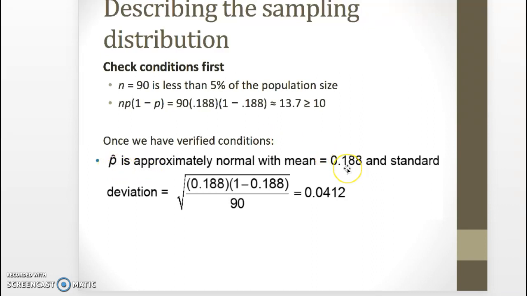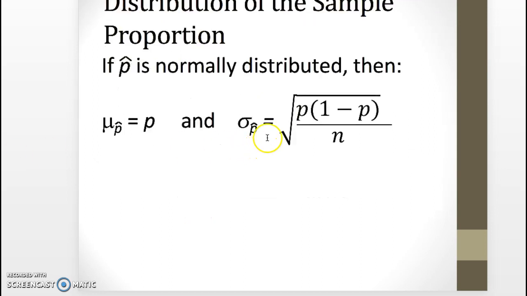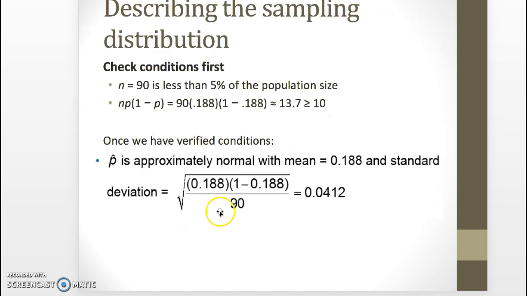The mean of our p-hats matches the mean of our underlying distribution at 18.8% or 0.188. And for the standard deviation, we need to plug into this formula. One of the things to be cautious with in your calculator is make sure you're taking the square root of this entire quotient.